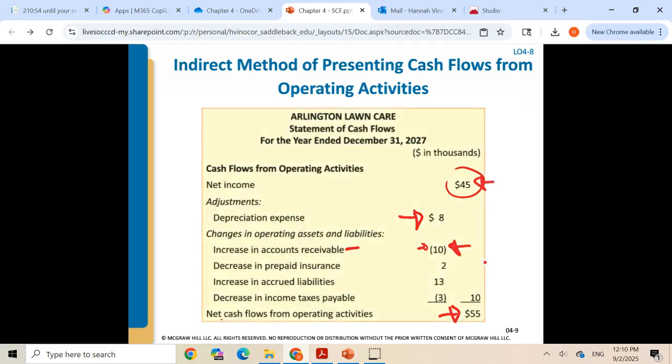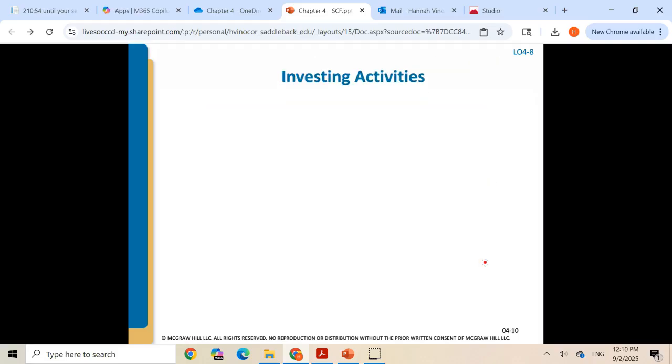So either way that you do it, you're going to get the same results. I encourage you to look at this. These slides are in the deck in the modules. Try to calculate the decrease in prepaid insurance and accrued liabilities and tax payable to see how they got to these numbers. But just follow the way I did the accounts receivable.